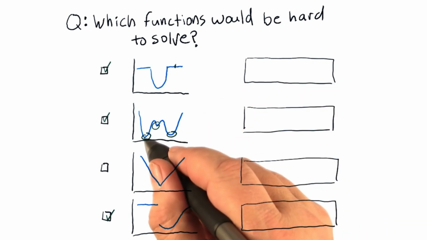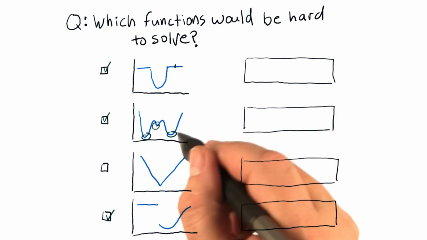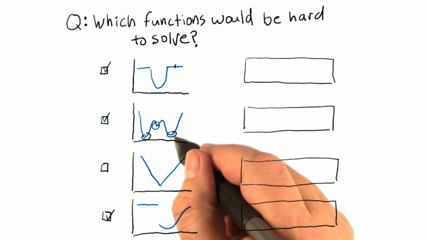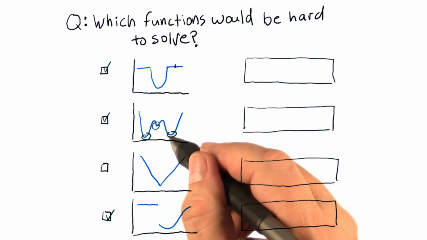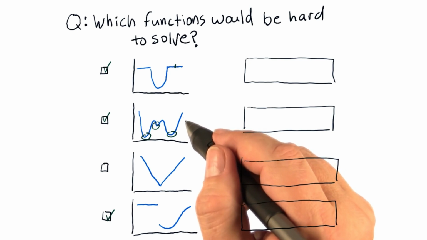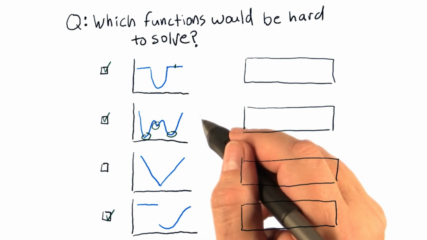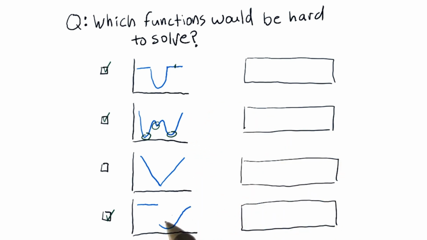And then if these 2 have exactly the same value, it turns out we have 2 global minima. So those sorts of conditions are tough for these minimizers to solve. This one is challenging, A, because of this flat area, but also because of this discontinuity. So, 4 examples, 3 of them would be hard for our minimizer to solve.